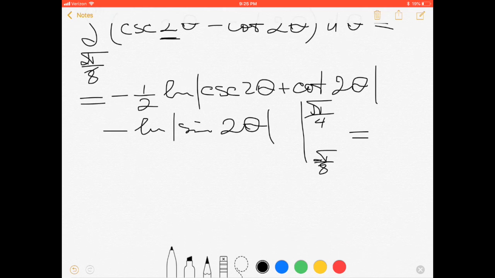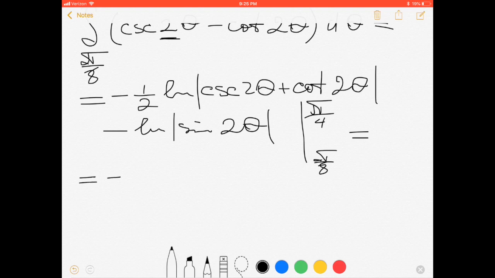And here we need to plug in the borders from pi over 8 to pi over 4. Plug in pi over 4: cosecant pi over 2 will be 1, cotangent will be 0.